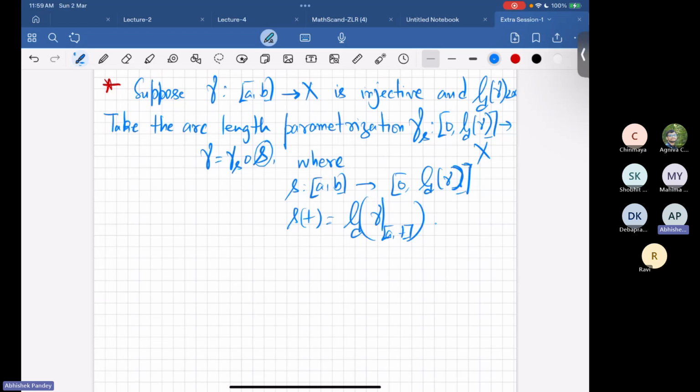So this gamma is injective, and this s is an increasing function. For that matter, gamma_s has to be injective, because whenever injectivity fails for gamma_s, it will fail for gamma, isn't it? Yeah.